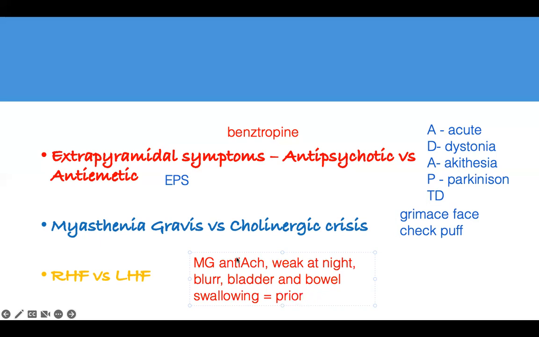Then when you treat them with neostigmine, if you give them too much neostigmine, they become cholinergic crisis.